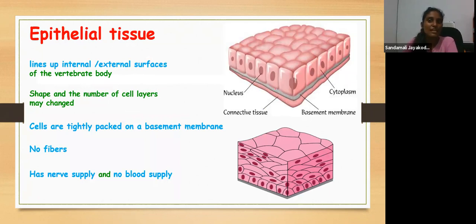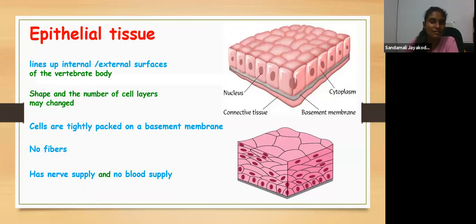The most common feature of that is it has a basement membrane and the cells are on top of that. There may be one cell layer or many cell layers in an epithelial tissue. It can be different, and also the shape of these cells can be different.